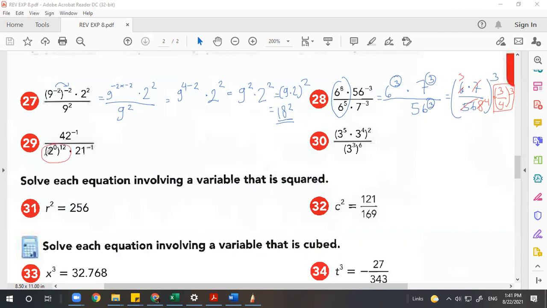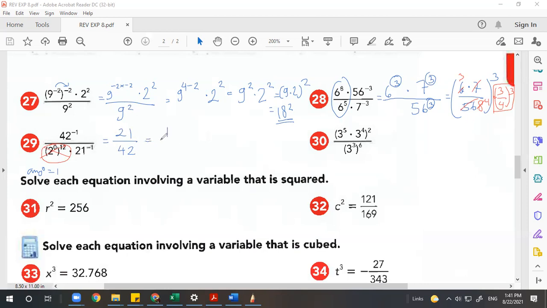So you can just ignore this, right? Because any number to the power of 0 is 1. So it doesn't change the value. So it has 42 and 21. Just as simple as you move the 42 below because this is negative power and the 21 above. That's all, because we don't write the power 1 on the regular number.